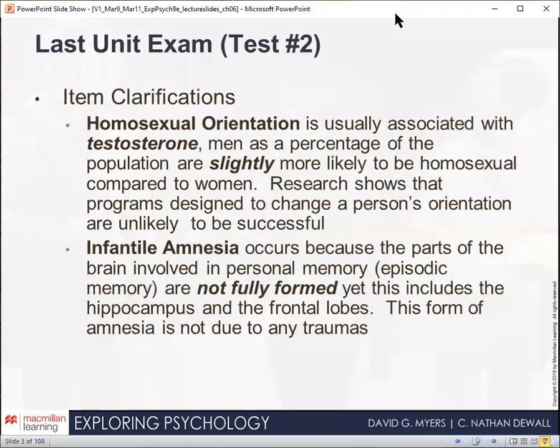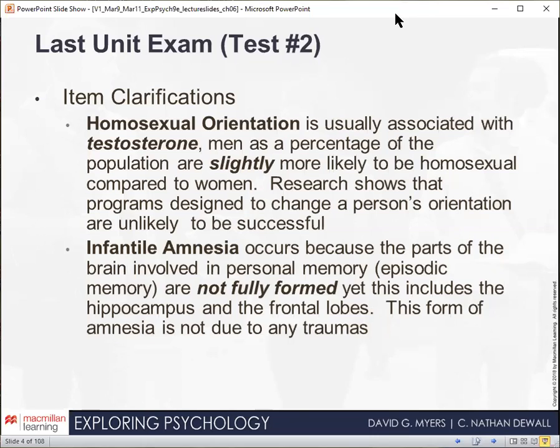The other one dealt with homosexual orientation. Homosexual orientation is usually going to be associated with a particular sex hormone. If any sex hormone, it's usually going to be associated with testosterone. Men as a percentage of the population are slightly more likely to be homosexual compared to women, but the percentages are very, very small regardless.